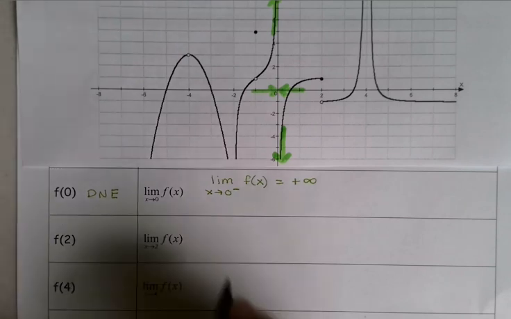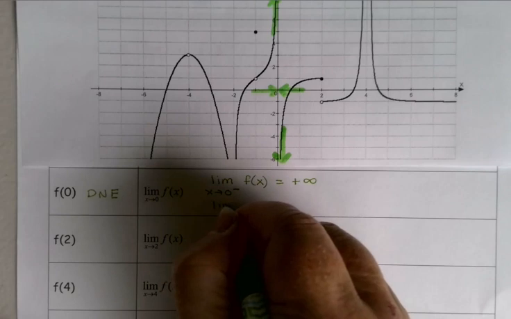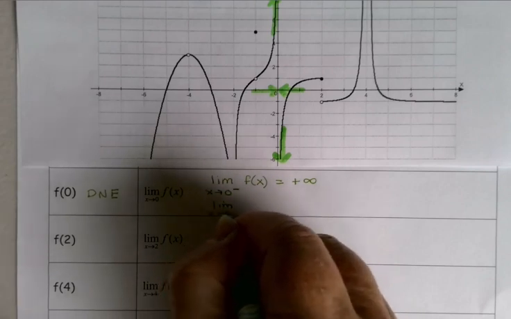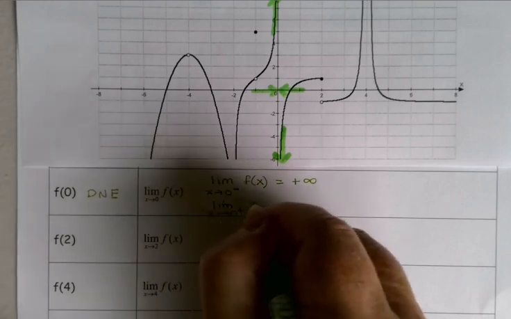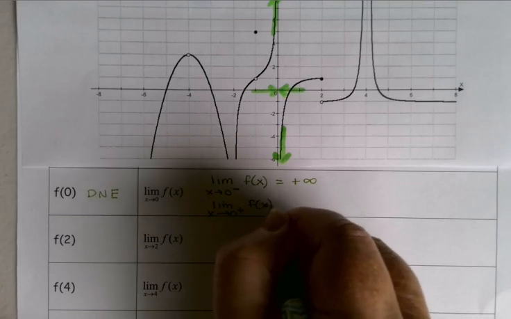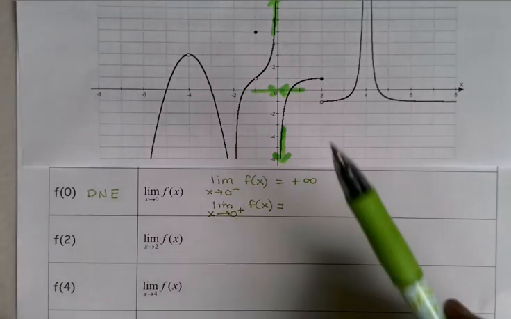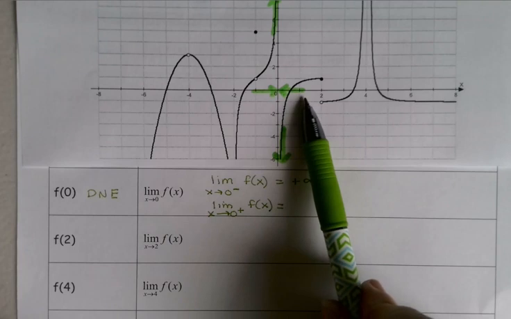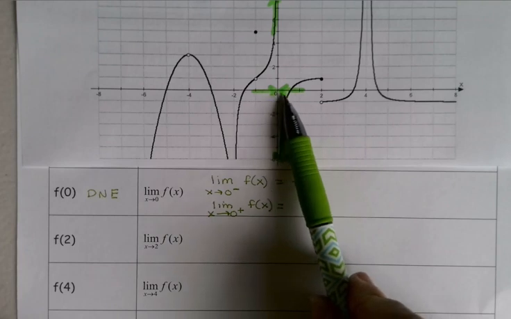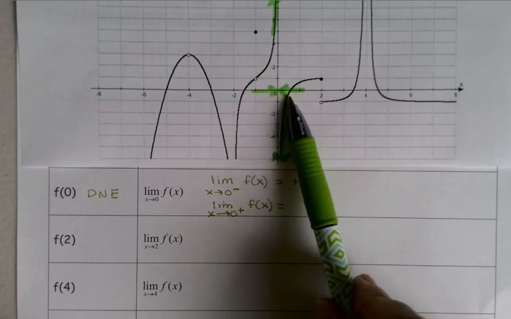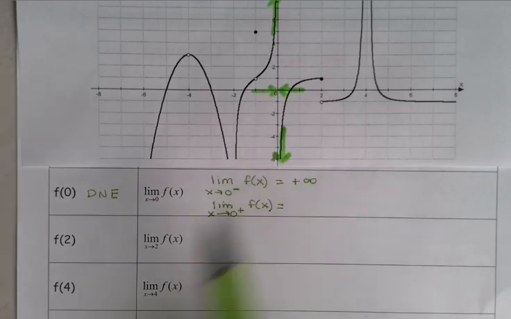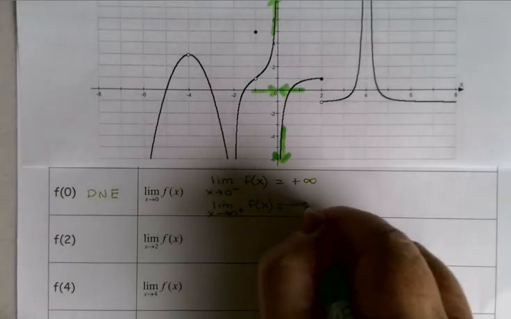However, I'll also say that the limit as x approaches 0 from the right side of f of x, so now I'm starting on the right side and coming back towards 0, my graph is going down towards negative infinity.